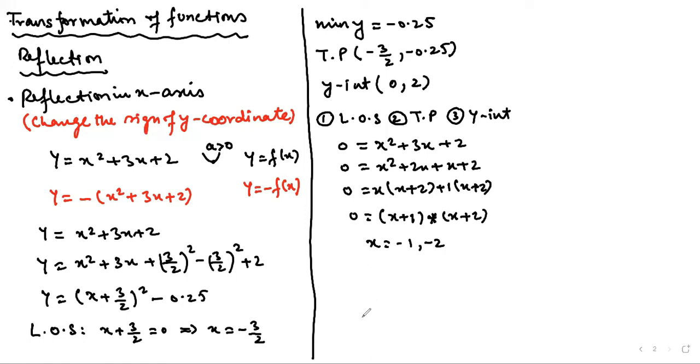Now we will draw this curve. First of all, we will draw the line of symmetry. This is the x-axis, this is the y-axis. x equal to -1.5 is the line of symmetry.